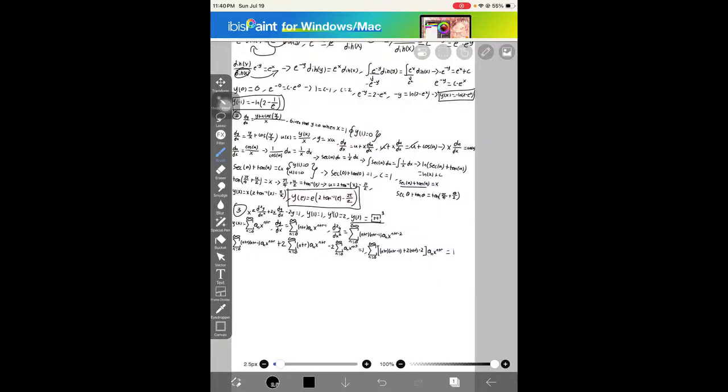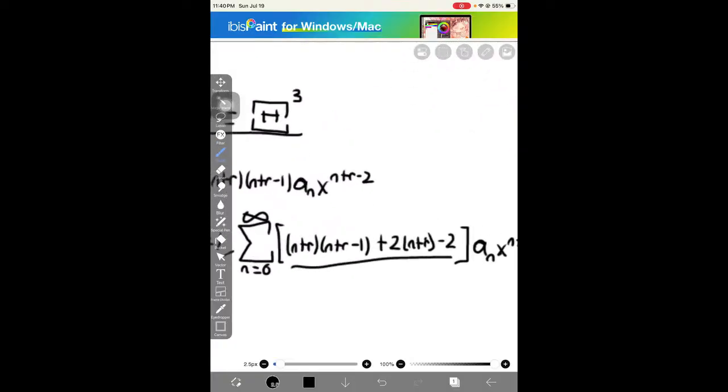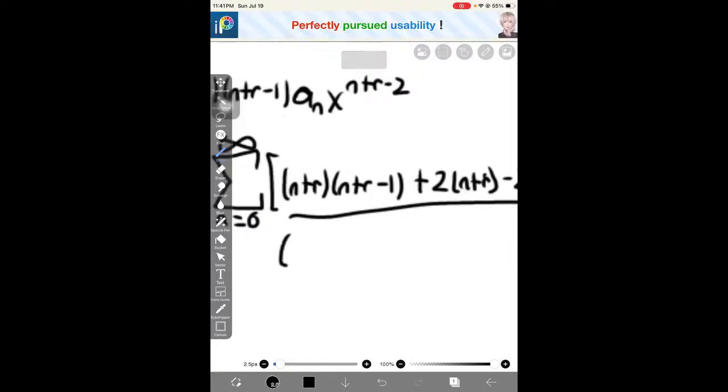Now let's go ahead and simplify this. Sorry, I burped. This is actually just a very complicated way to say n plus r squared plus n plus r minus 2.